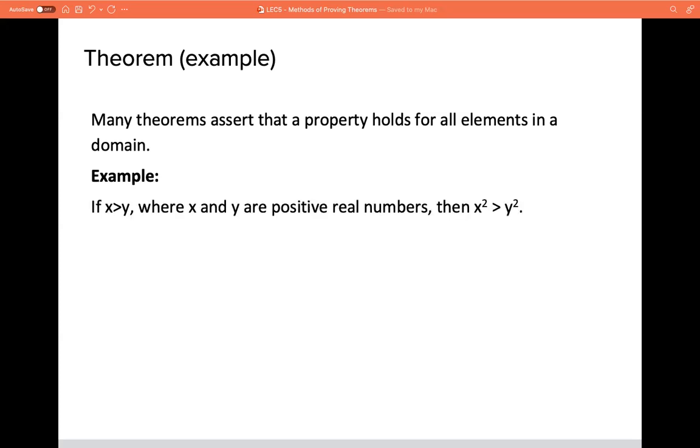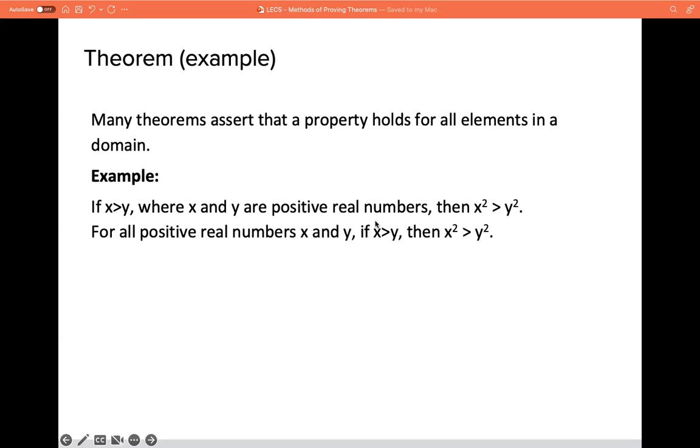For example, consider the statement: if x is greater than y, where x and y are positive real numbers, then x squared is greater than y squared. This is a theorem that holds for all elements in the domain of positive real numbers. What this really means is that for all positive real numbers x and y, if x is greater than y, then x squared is greater than y squared.